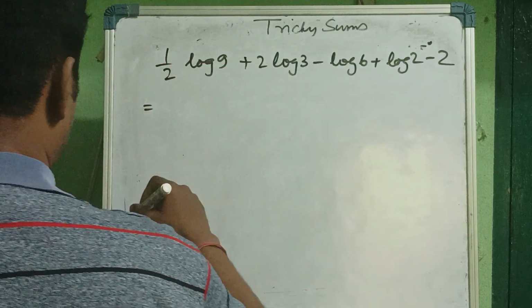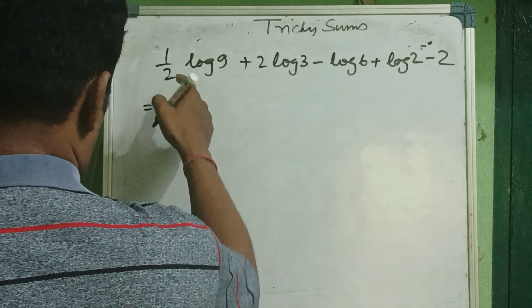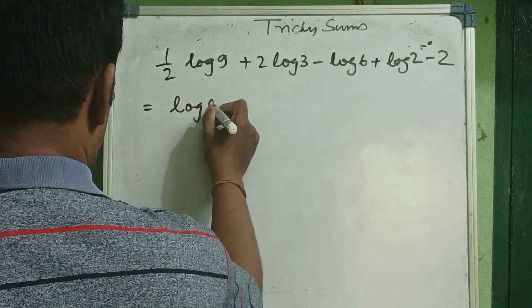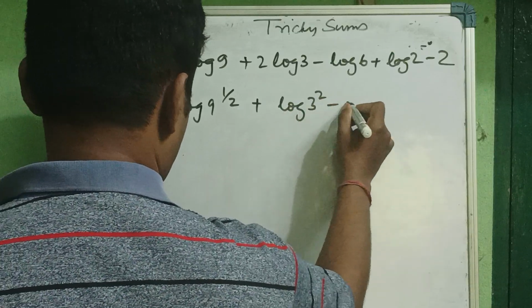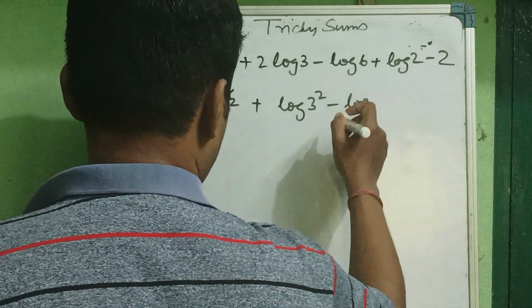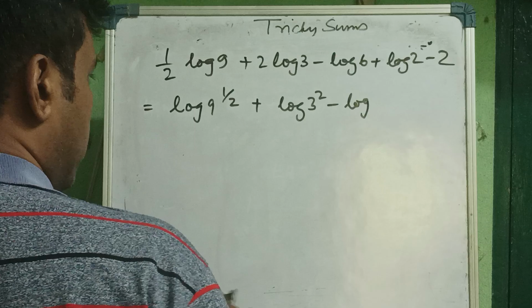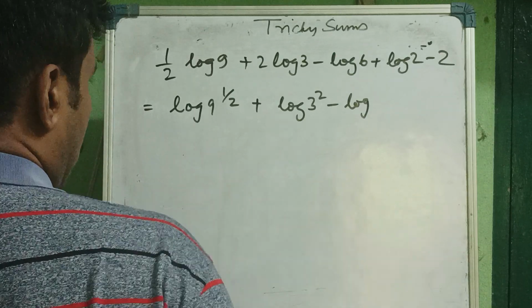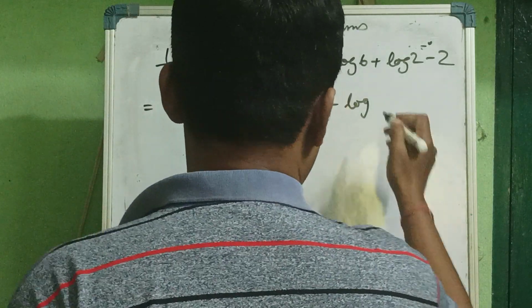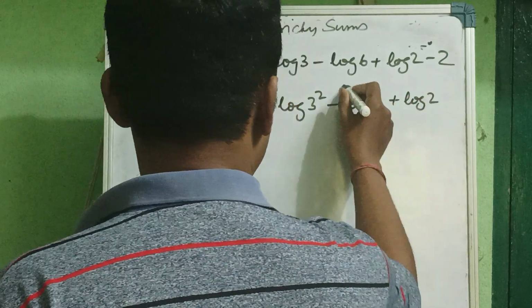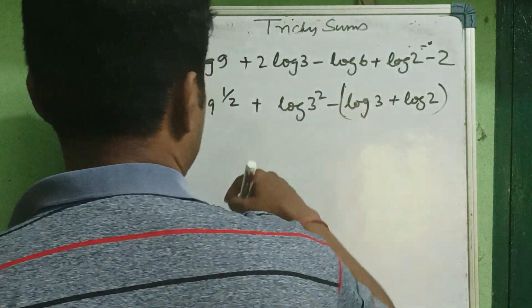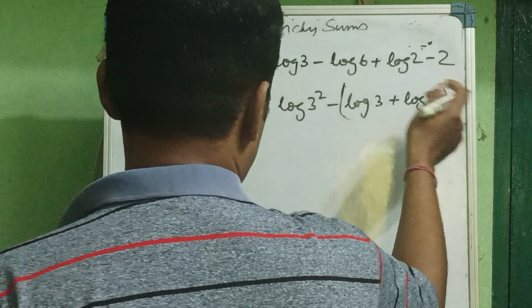So we know that 1 by 2 log 9 can be written as 1 by 2 log 3 square. We can divide log 6 as log 3 plus log 2 within a bracket, because the minus is in front of the bracket.